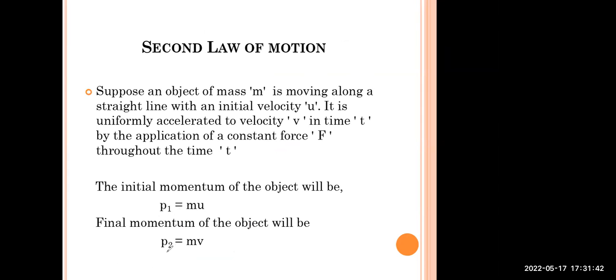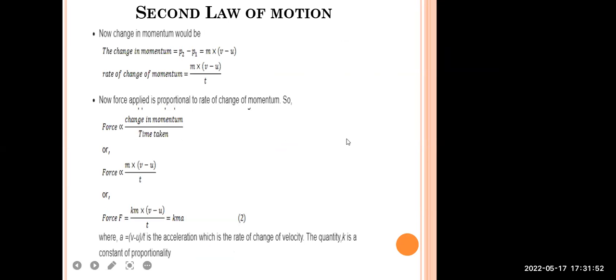Now this is the explanation, or derivation you can say, for the second law of motion. Momentum is equal to mass into velocity. Initial momentum and final momentum. Then change in momentum P2 minus P1, m(v minus u), because P2 is equal to mv and P1 is equal to mu. Rate means you divide by time, which is proportional to the force.